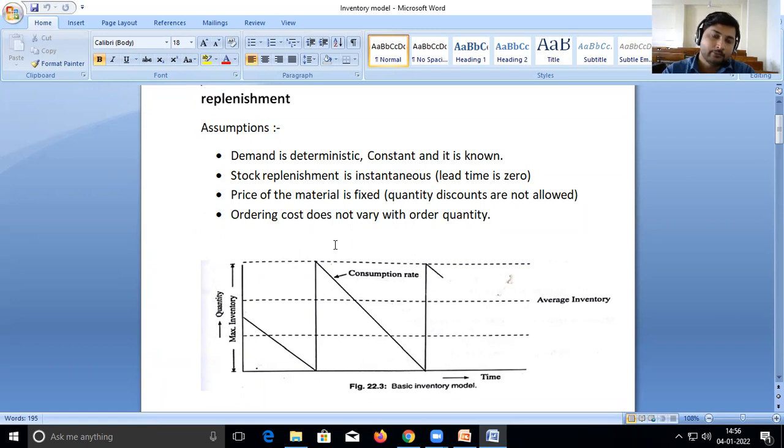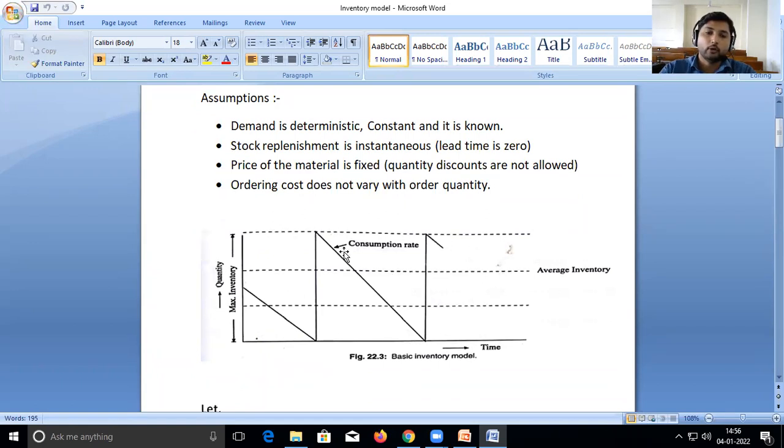So these are the assumptions required for our EOQ model, that is nothing but economic order quantity. Now the model is very simple. This uppermost dotted line represents the maximum level.